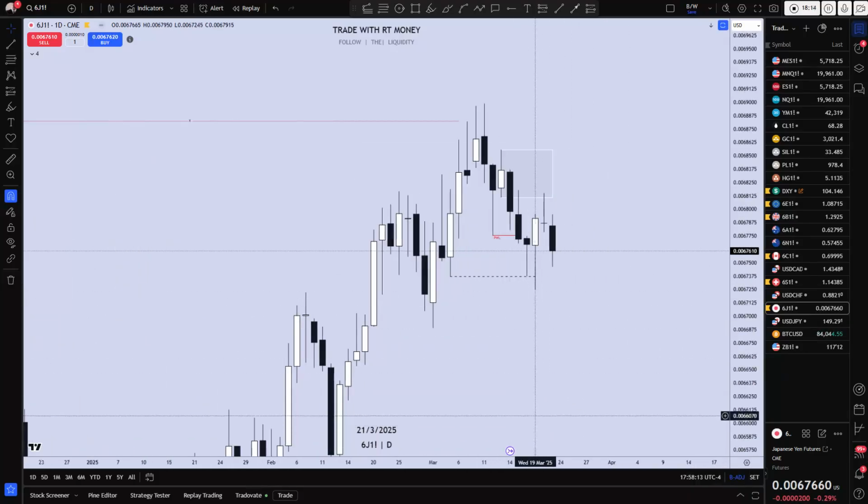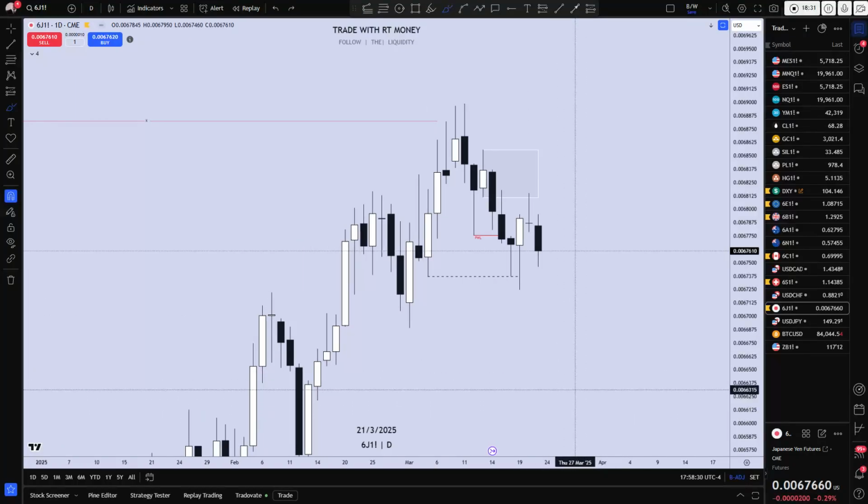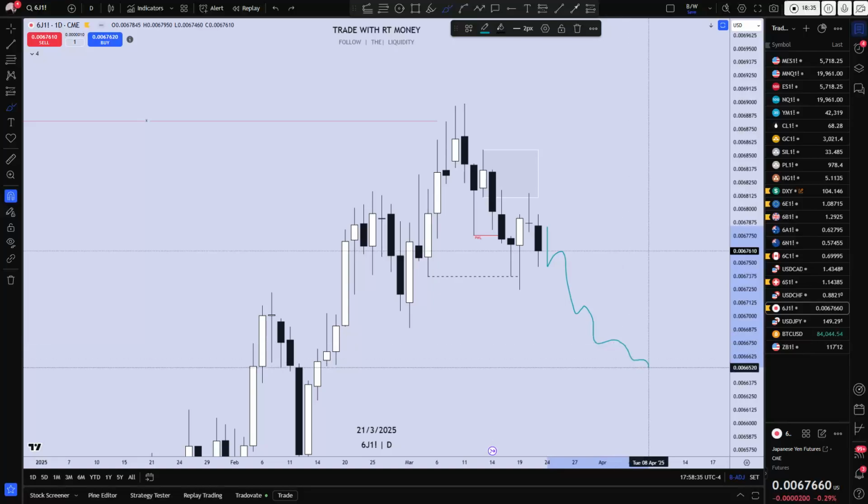You see that price is a little wicky, but what we see is there is an area of supply here, and price ran into it and responded to it. We're reacting to it to the downside, right? Do I expect the Japanese yen to continue to fall? No, I don't. I actually do not.